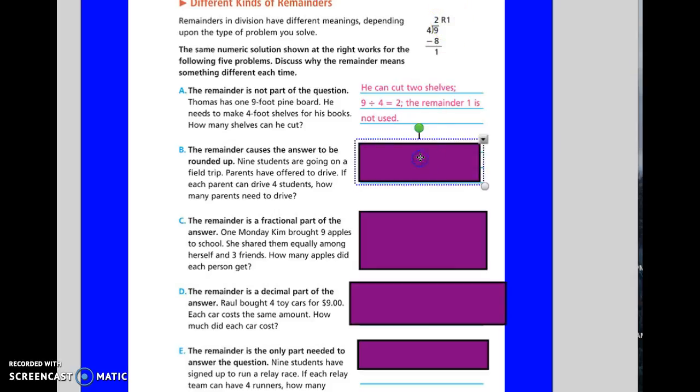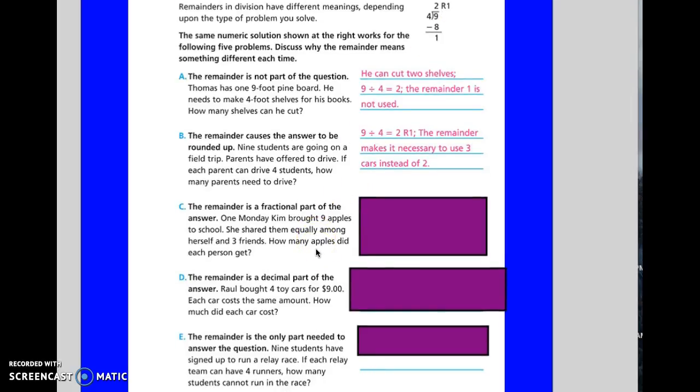So what does that mean for us? Well, it means that it's necessary to use 3 cars instead of 2. We can't leave one kid on the side of the road and not have him get there. So we have to use 3 full cars because that one kid can't be left without a ride. So you can see in this case, we had to round up in order for everyone to have a spot in a car.